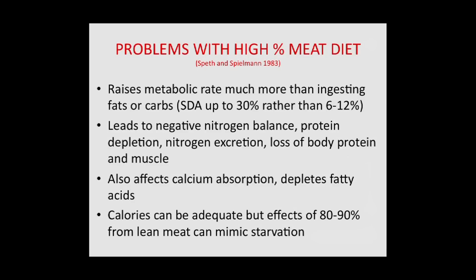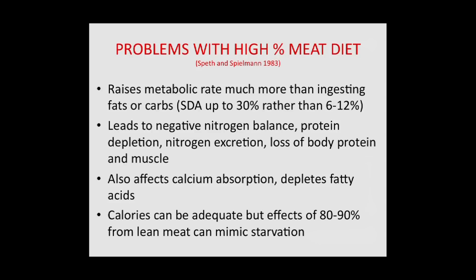The problem with eating a diet that consists mostly of meat is that meat takes a lot of energy to digest, and eating it raises your metabolism, your thermal output, up to 30% rather than the 6 to 12% you get from eating carbohydrates and fat. It also leads to many other unfortunate outcomes, a negative nitrogen balance.